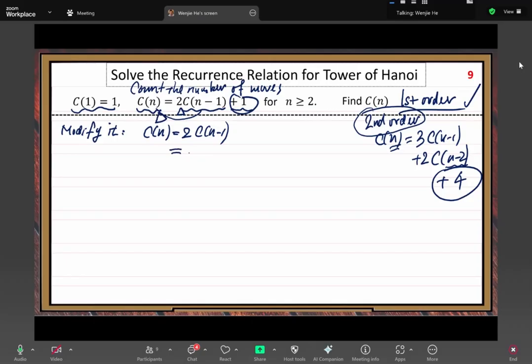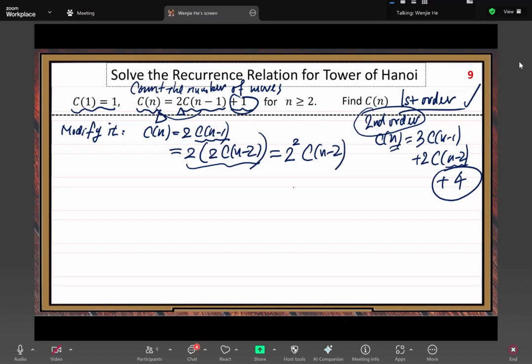Then, if you want to move on, because of this C of n minus 1, can you use 2 times C of n minus 2 to replace it? Recursion, another recursion. C of n minus 1 is 2 times C of its previous size, n minus 2. Then you simplify, so you get 2 squared times C of n minus 2.